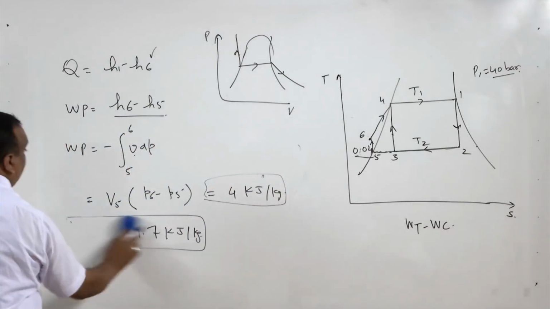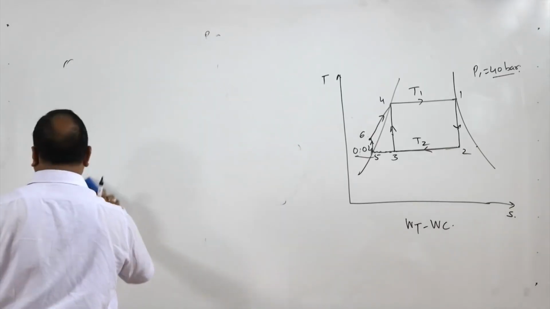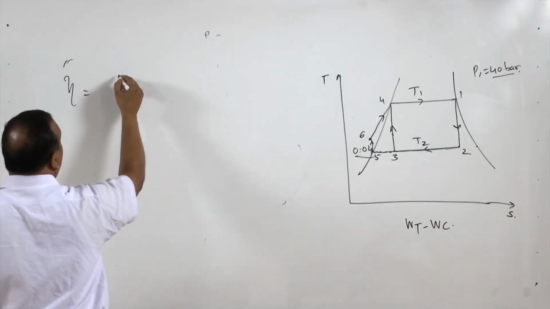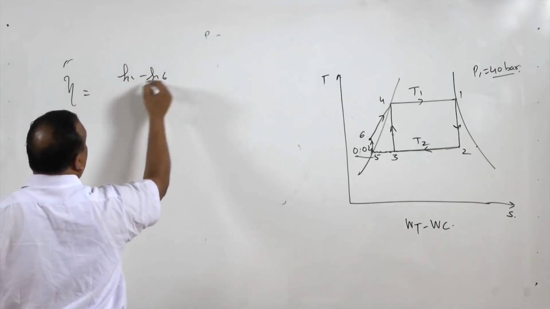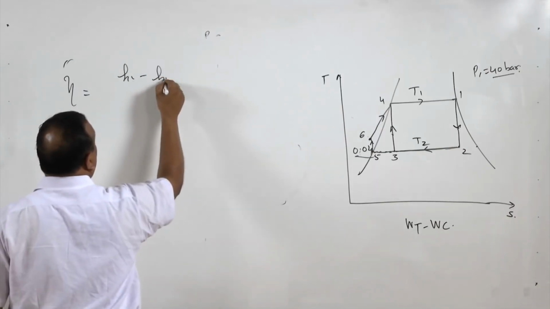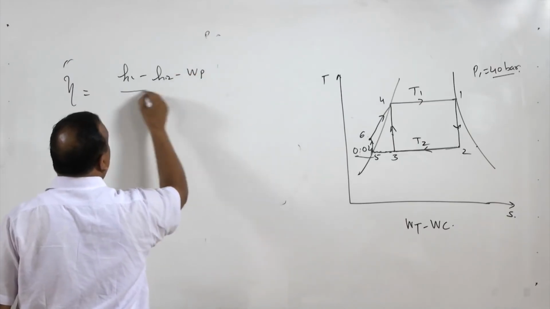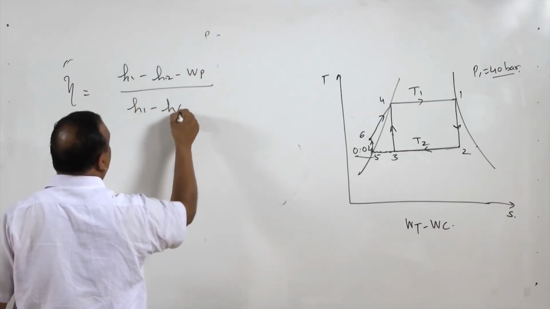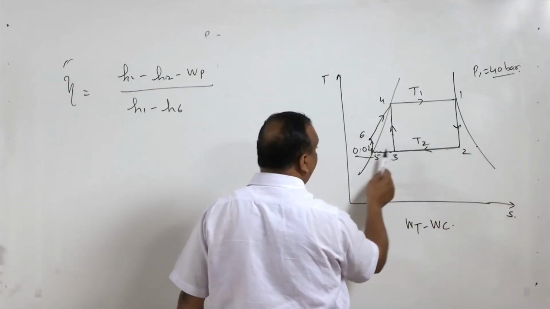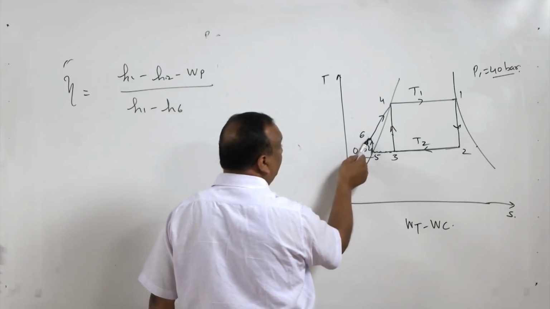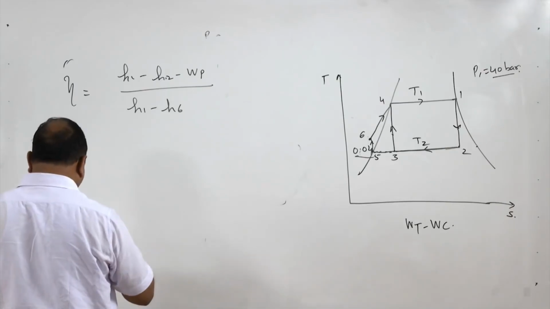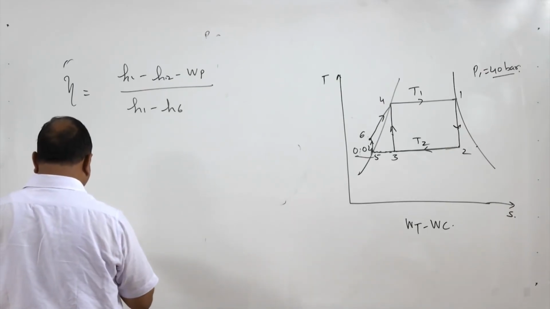Now, again, in order to find the efficiency of the cycle, the thermal efficiency of the cycle is going to be H1 minus H2 minus pump work divided by H1 minus H6. Now, we have all the values: H1, H2 is with us, H5 is with us, add the pump work, you will get H6.